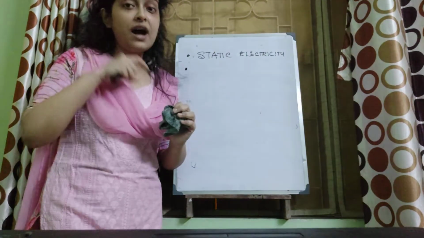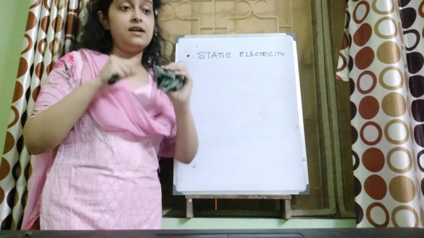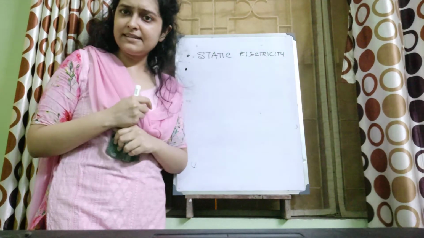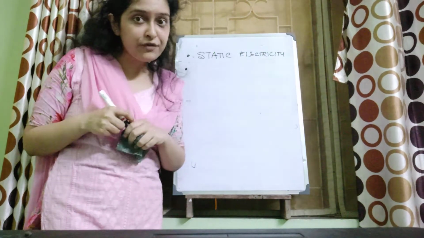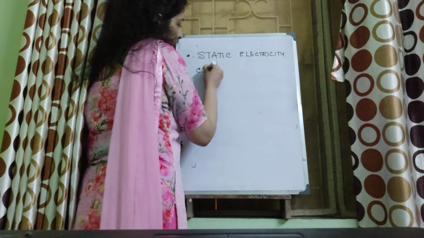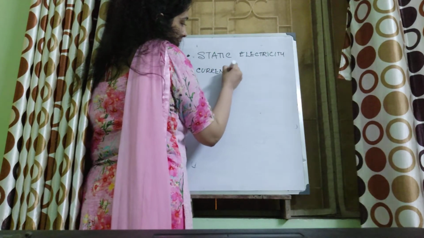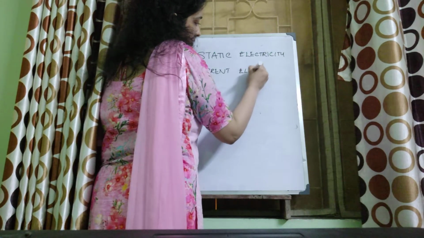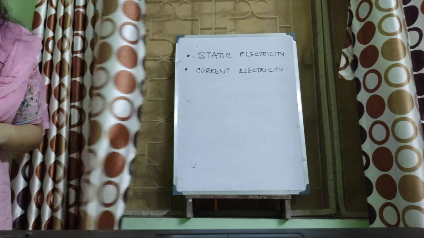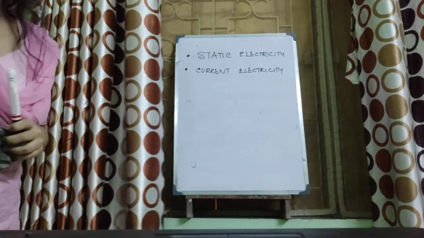But when the charges are in motion, when the charges are able to move through a substance, then what is the type of electricity? Then we call it current electricity.